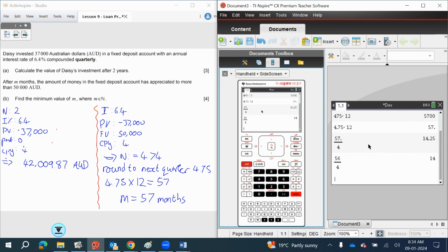So 56 months would be a quarter month. So it has to be divisible by 4. Is it the first? So 0, it would have to be the 59. No? 0, end of January, 1, end of February, end of March, 3. No, it's not quite divisible by 3, is it?